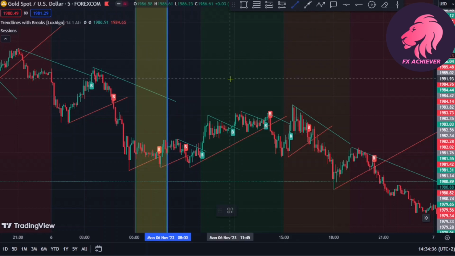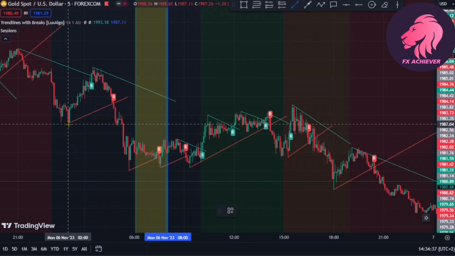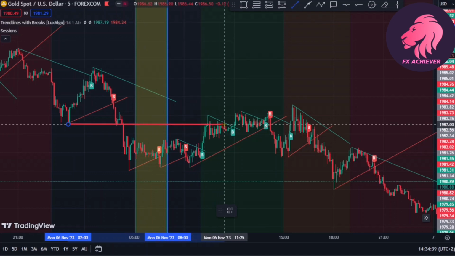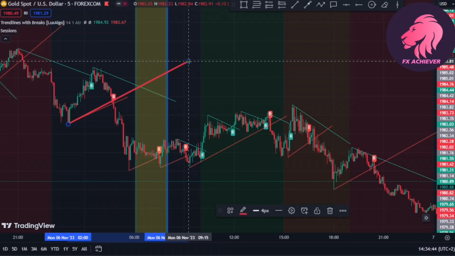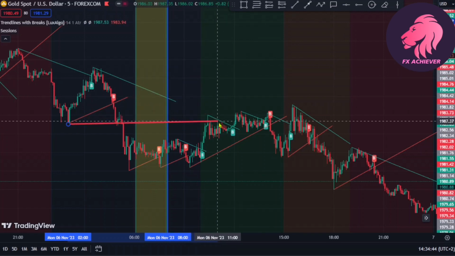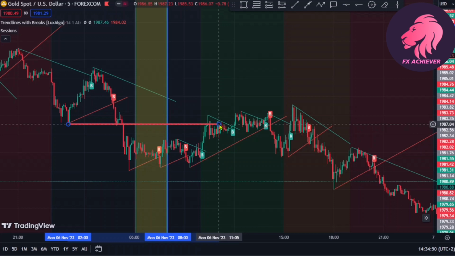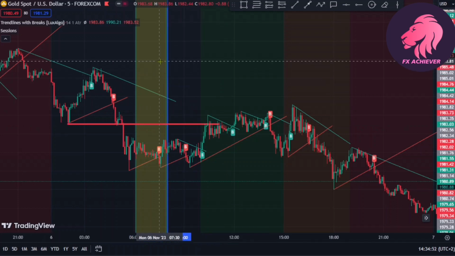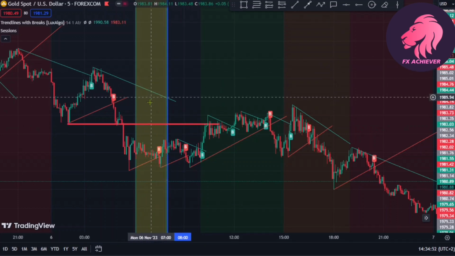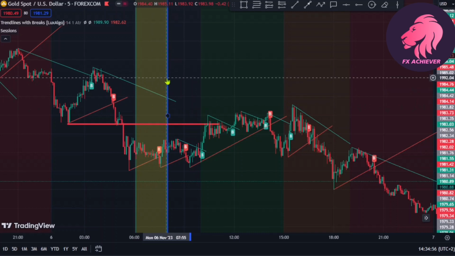So yeah, let's begin. The first thing I do is I mark the lows if we are on a downtrend, and I mark the highs if we are on an uptrend. And here, this is actually where my trading day begins.